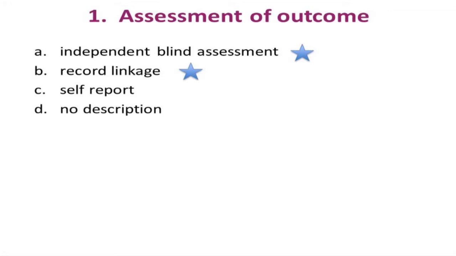It might also be done by record linkage, because if you link records, for example maternal smoking and later asthma medication, there is no risk of bias in the person who assessed the outcome. But self-reports, such as does your child have asthma, have a very high probability of bias. And if there is no description at all, that's bad, of course.